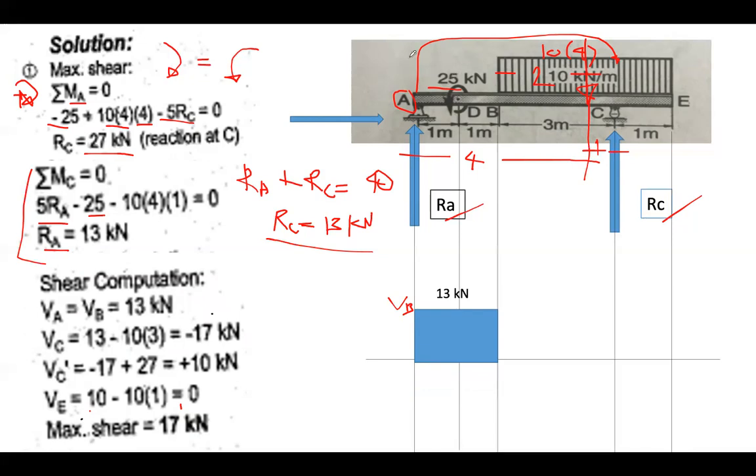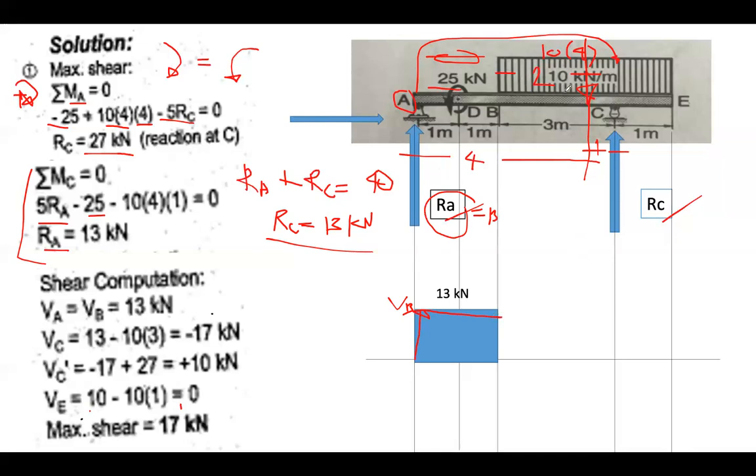So take note, in our general rule for plotting shear moment diagram, there is no load here. So that means only the reaction that is going up, which is equal to 13. Since there is no load to plot, just make it straight.